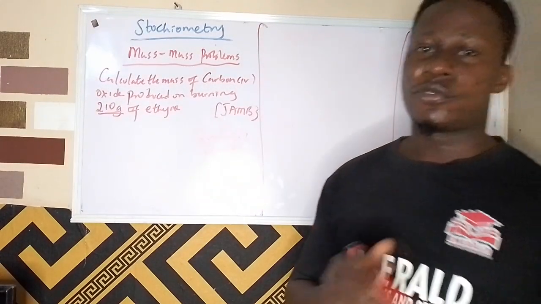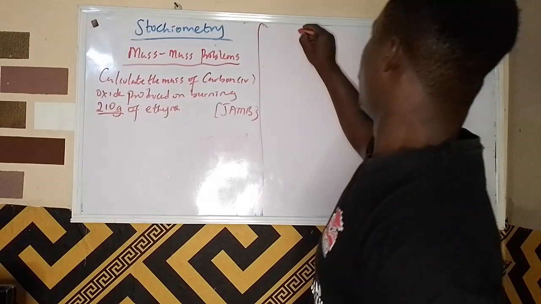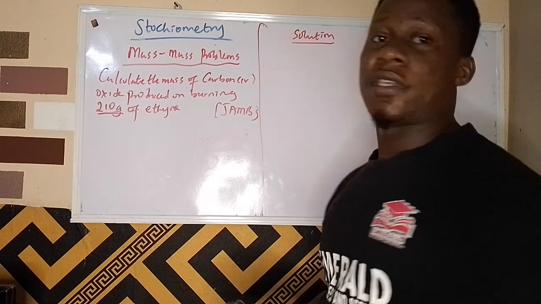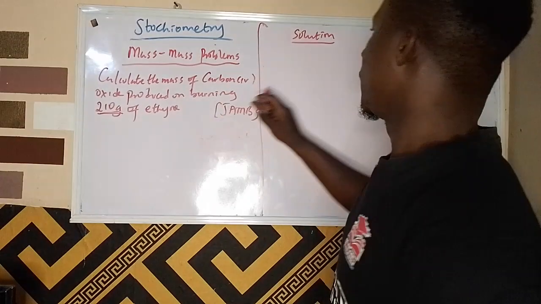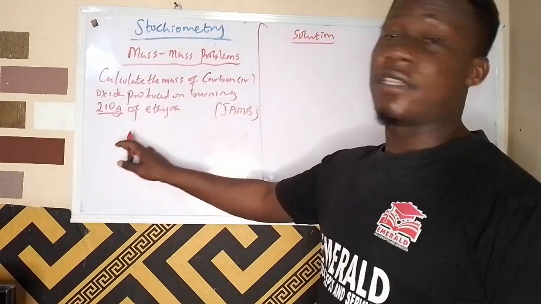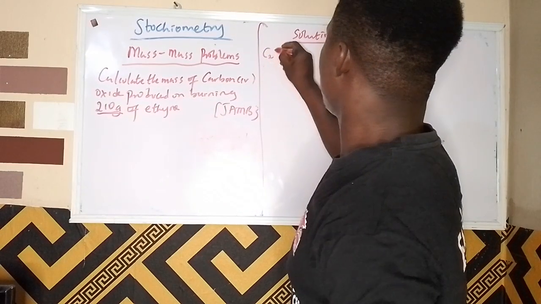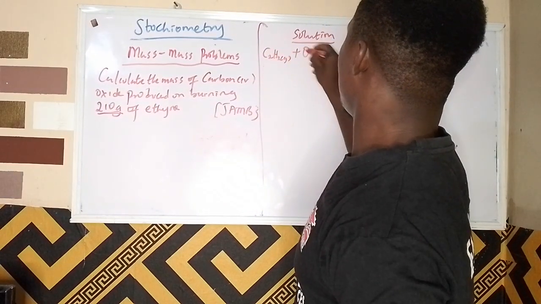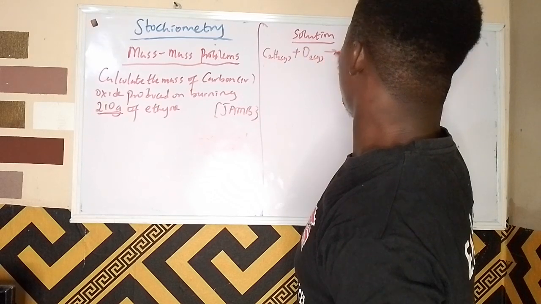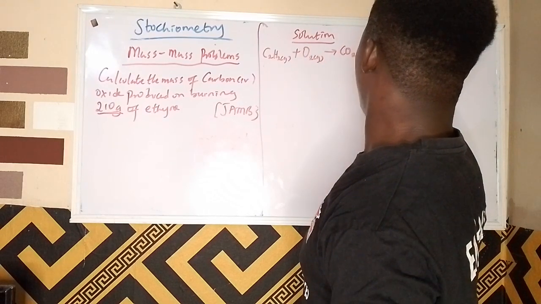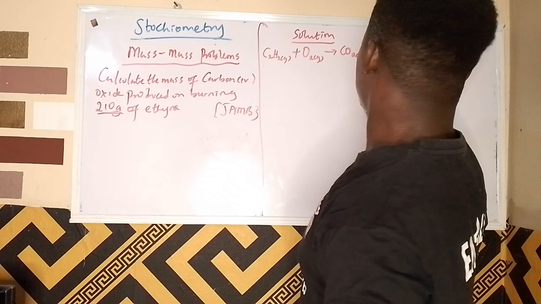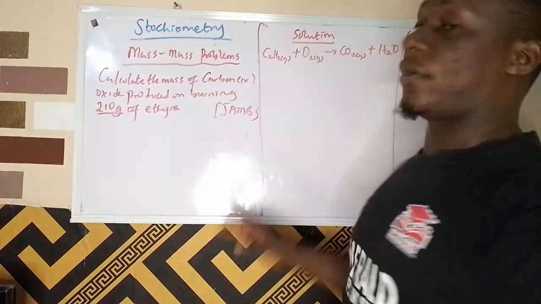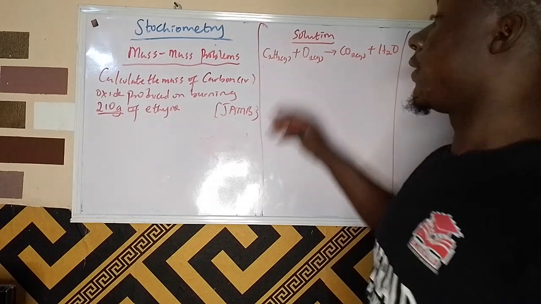The first step to take is to write out the equation. When ethyne, a hydrocarbon, undergoes combustion, you have CO2 and water as the byproducts of that reaction.